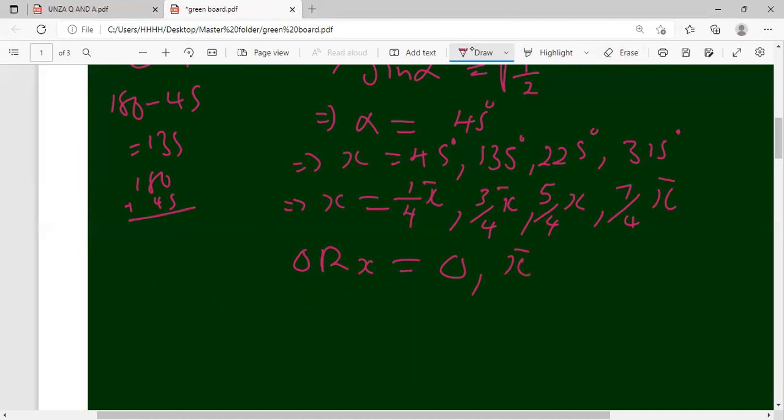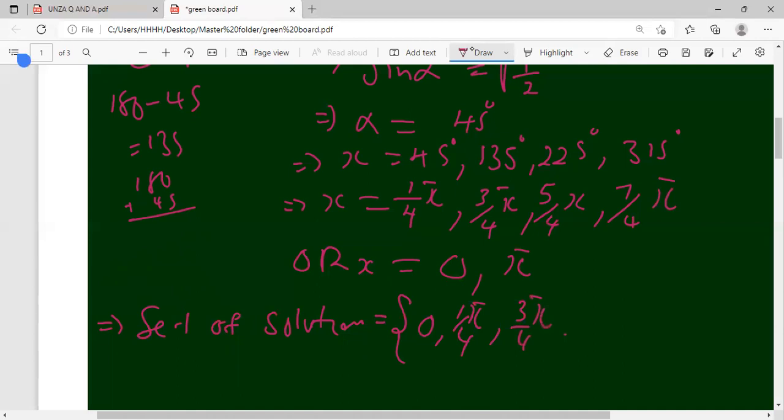So it means the set of solutions will be equal to, if we put it in a set, 0, 1 over 4 pi, then 3 over 4 pi, then you can even put your pi, then 5 over 4 pi, then 7 over 4 pi.